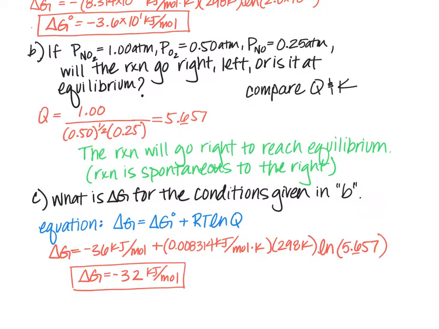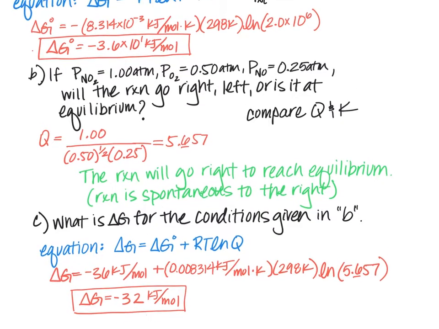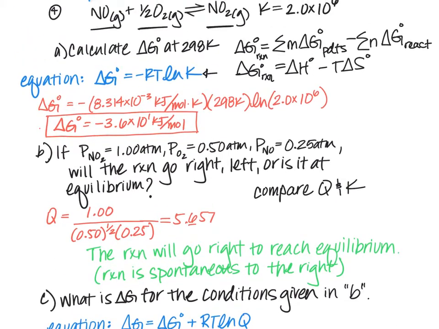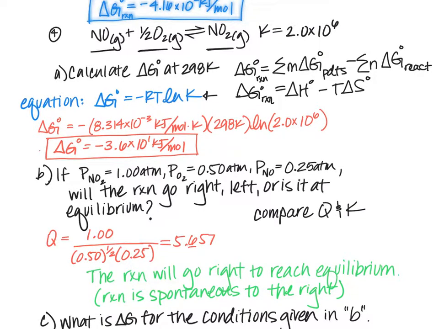So you would have to know how to set up the Q reaction quotient expression, which is always products over reactants. Right here, my product is nitrogen dioxide. Notice in the balanced equation, where we have it up here, that oxygen has 1/2 in front of it as a coefficient.